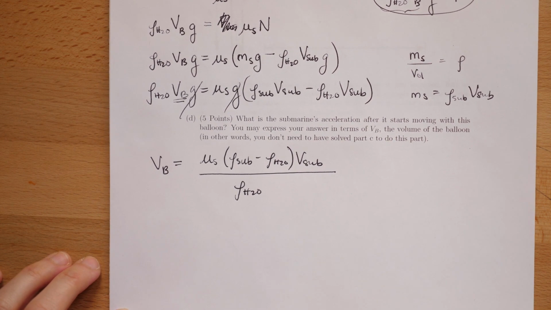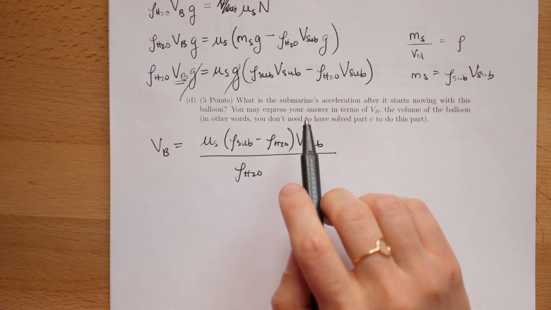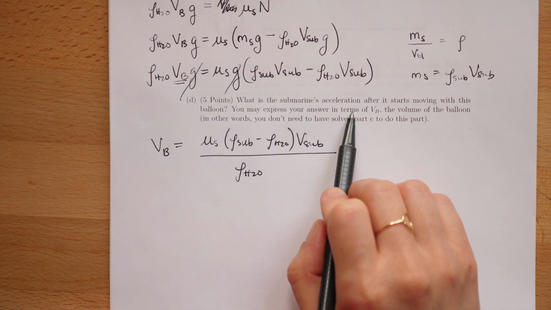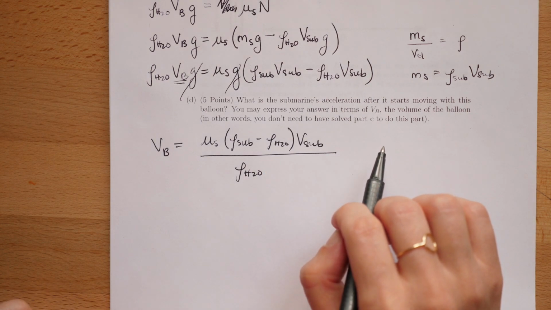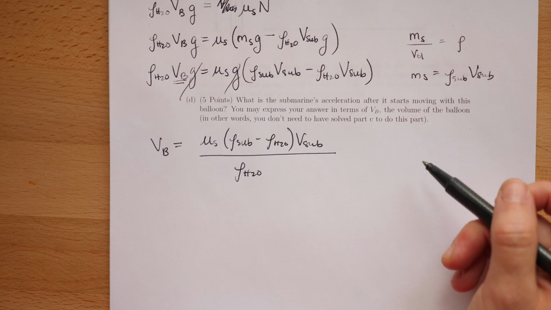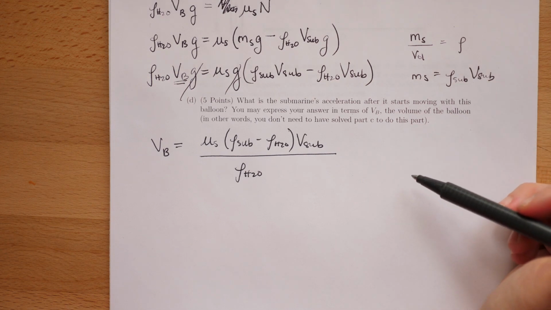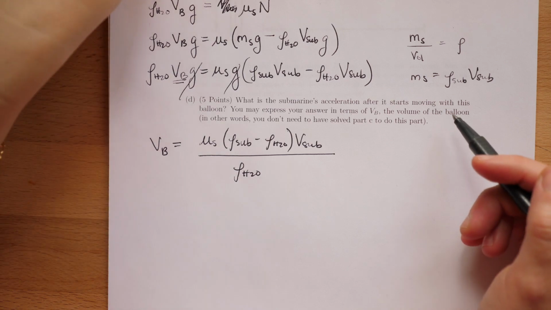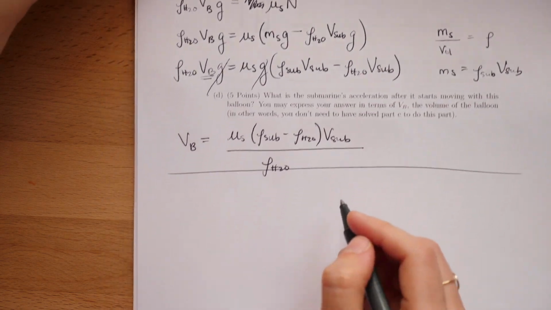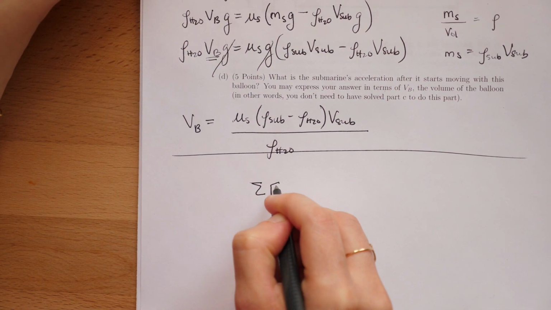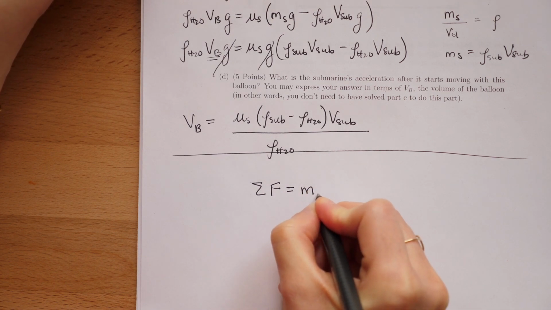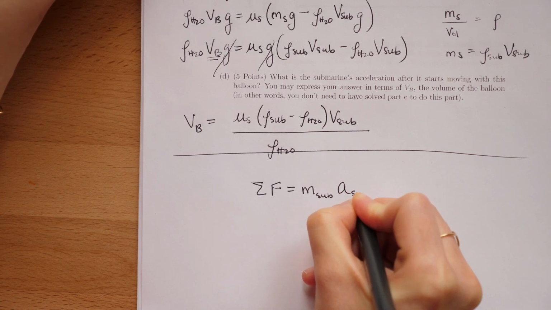Okay. So to find the acceleration of the submarine after it starts moving with a balloon, what's going to change? So instead of the net force being equal to 0, like we used here, the net force in this case is the mass of the submarine times the acceleration of the submarine.